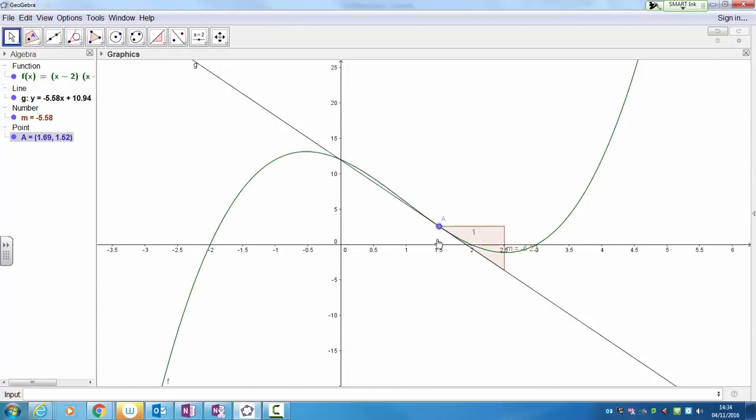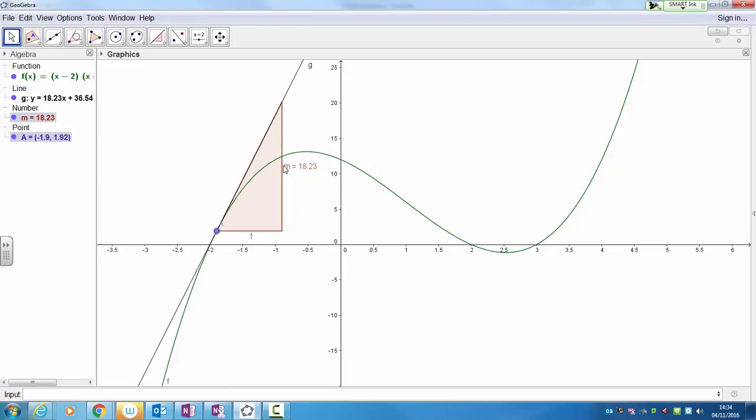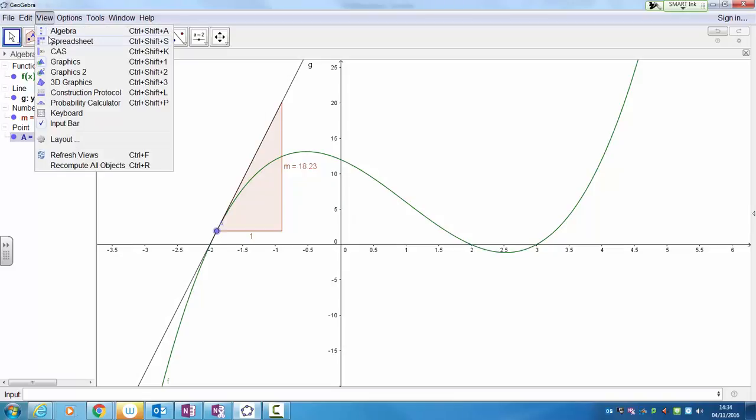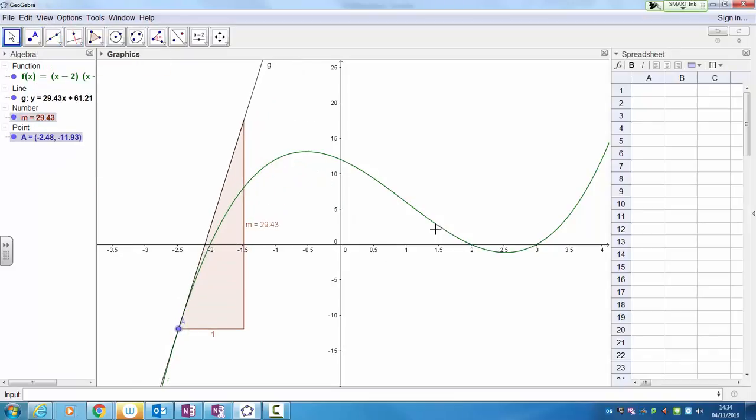Yeah, there's a gradient of the curve. But what if we were to plot the gradient? So as I move this around, for every x value, I record the gradient. Let me see if I can actually put that in a spreadsheet and put something like x and the gradient at these points.